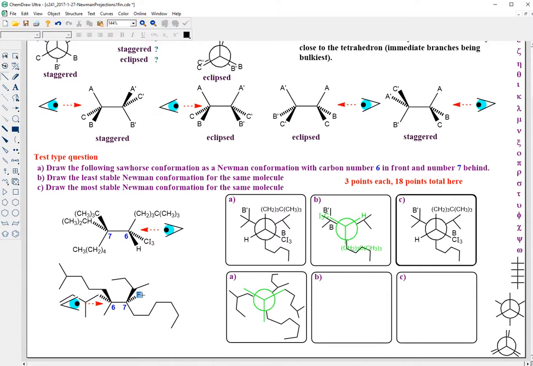Now, to my left, a fluorine off the back carbon. Bear with my mistakes. To my left on the front carbon is the 2-methyl butyl.